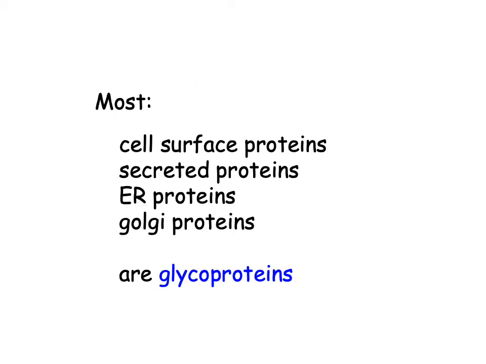Now, most cell surface proteins, secreted proteins, proteins found in the endoplasmic reticulum or in the Golgi are glycoproteins. And so you may see a trend here.